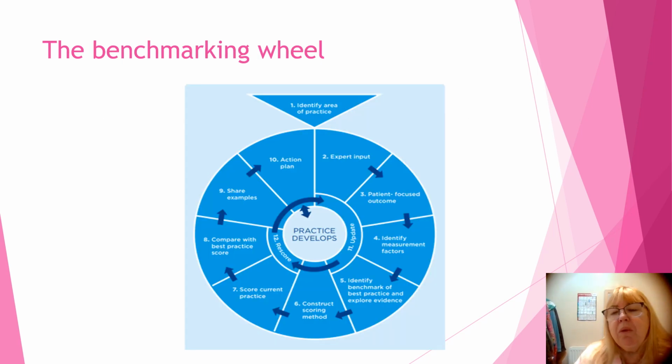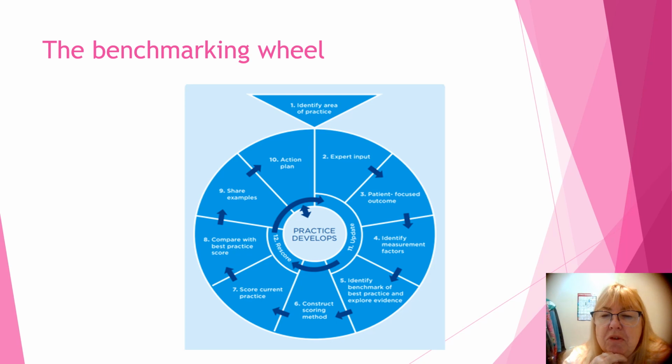So the benchmarking wheel, yes, it's another wheel. Most things are. It isn't that different from your quality development ones. It might have a few more steps, but really it's the same. You start at the top of your wheel to identify the area of practice you're benchmarking.